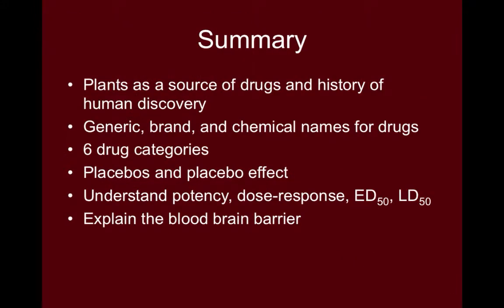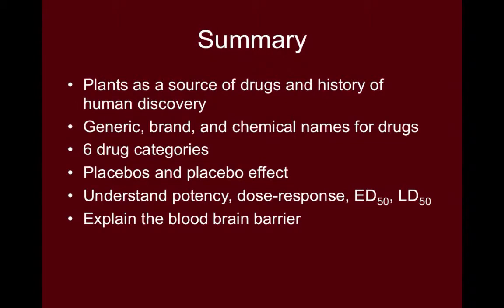Okay, so wrapping up our lecture here today, we started out by talking about why it is that plants are our major source of drugs and how it is that people started using them. We talked about the three different kinds of names that drugs can have. They're generic, brand, and chemical names. We talked about our 6 drug categories that we'll talk about multiple drugs in each of those categories throughout the semester.